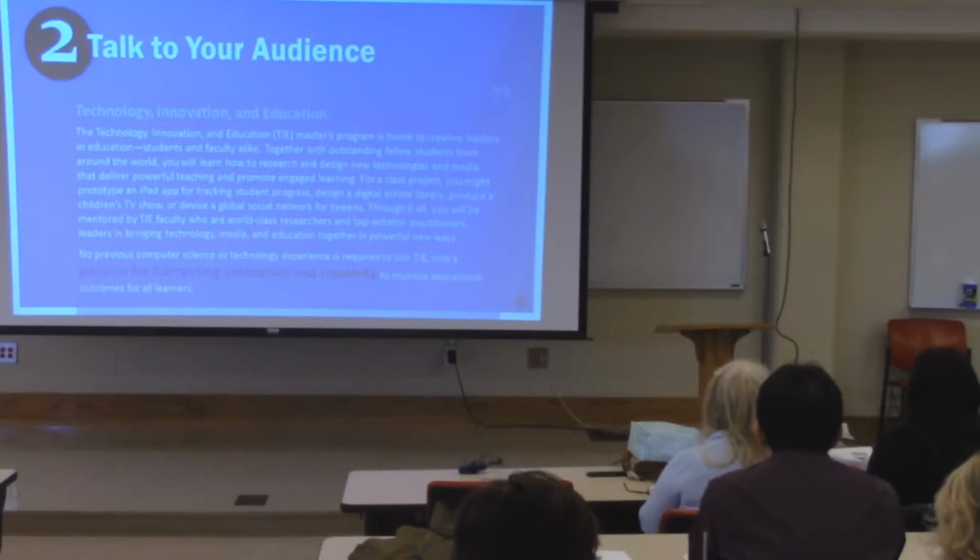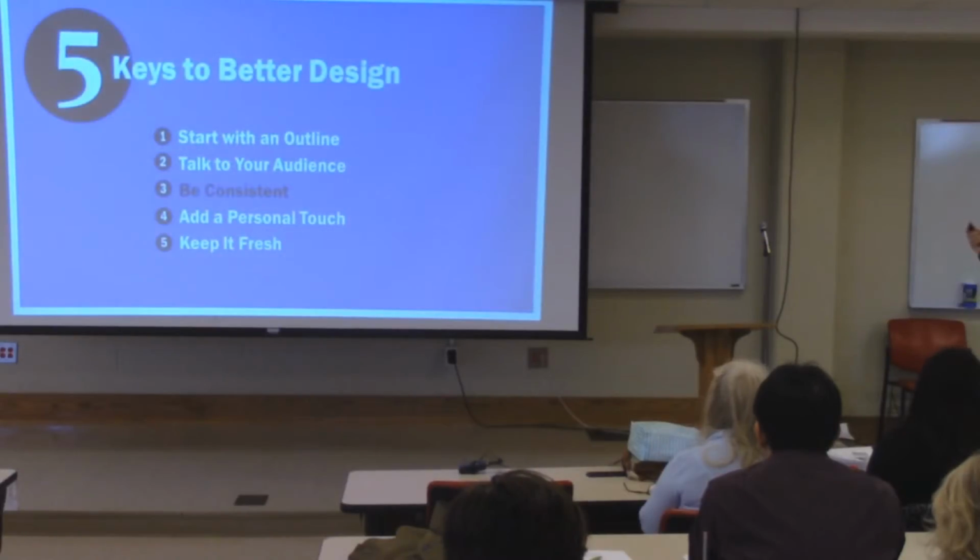It pulls people in. The more serious information about the program can and should still be there, but perhaps it can be channeled in a different way so that you're talking to your audience. So talk to your audience.